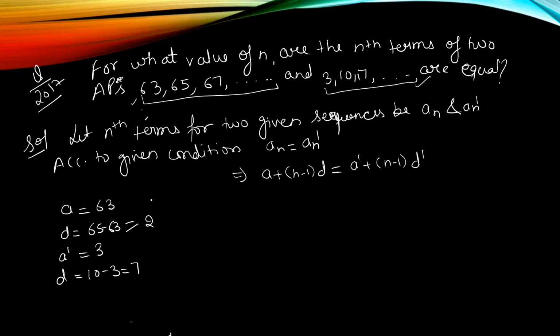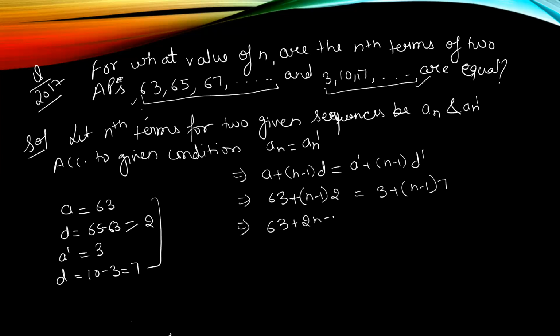So therefore, putting all the values into the formula, we get 63 plus (n minus 1) into 2 equals 3 plus (n minus 1) into 7, which means 63 plus 2n minus 2 equals 3 plus 7n minus 7. Just have to simplify.